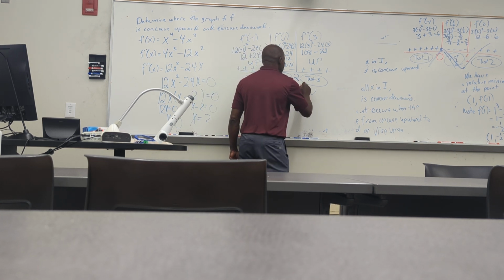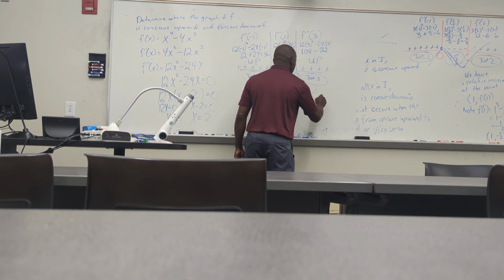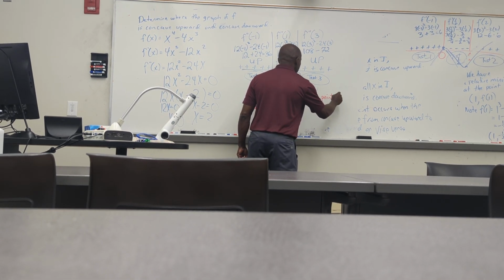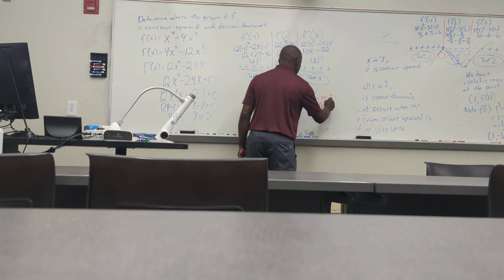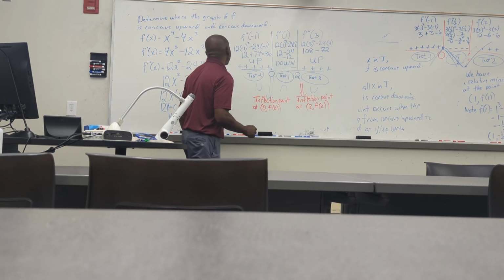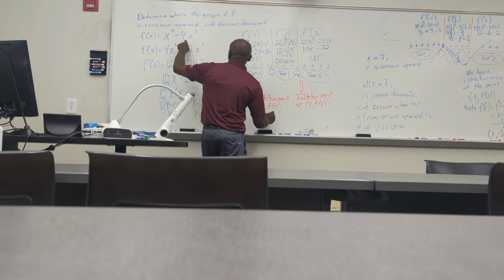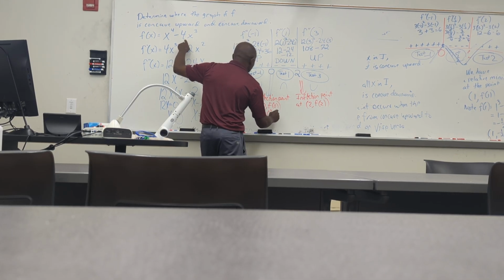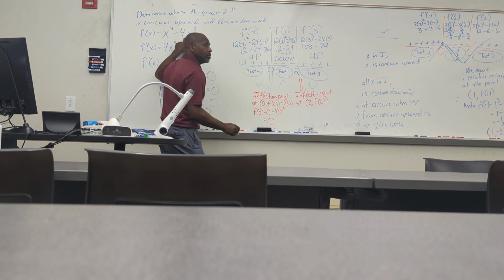And we got an inflection point at 2, f of 2. And hopefully I realize f of 0 is going to be how much, class? That's 0 to the 4th minus 4 times 0 cubed, and hopefully I realize that's going to give me 0. So that point right there is 0, 0.